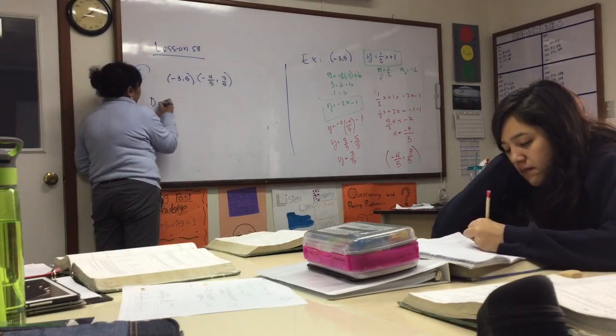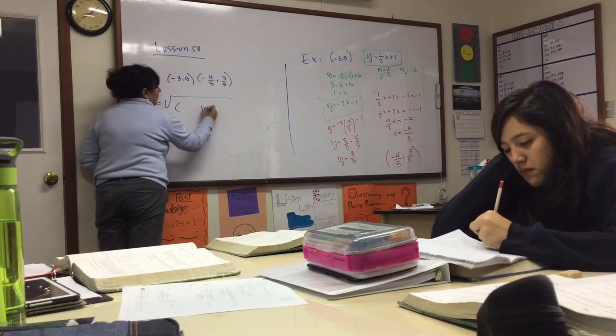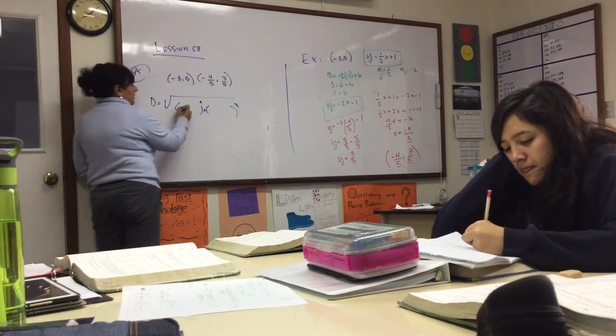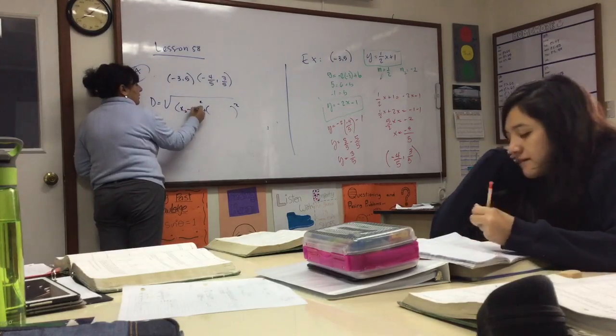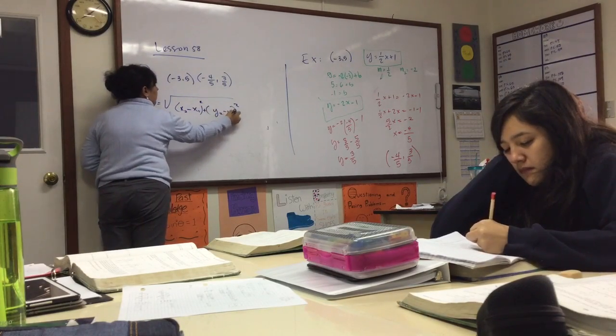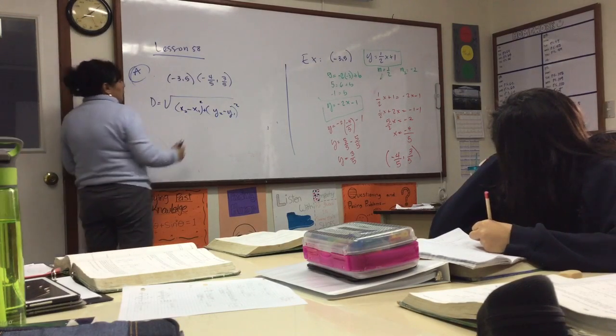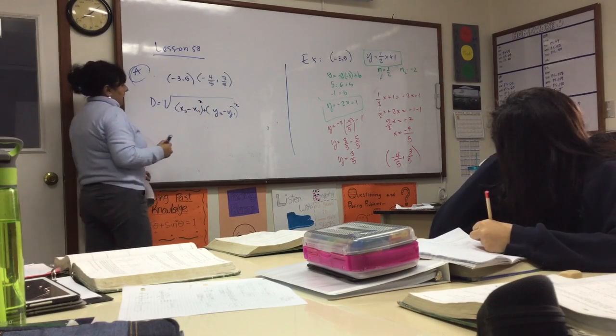So the distance formula is what? Remember this one? Does it matter which was which? Nah, not in this case, because it's squared, so it doesn't matter.